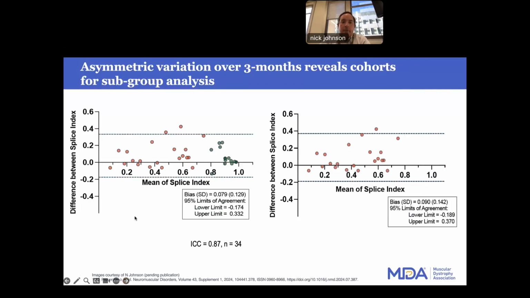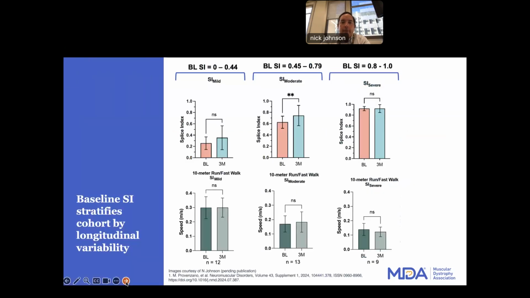If you look at those individuals in that middle group, you can see they have much more variability. That's probably biological variability compared to those with mild or more severe splicing changes. And this graphically shows that.